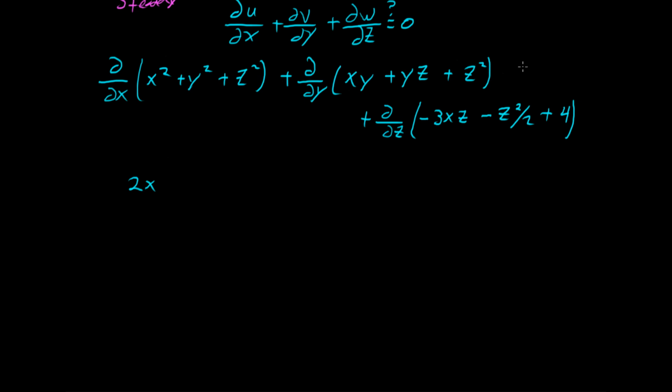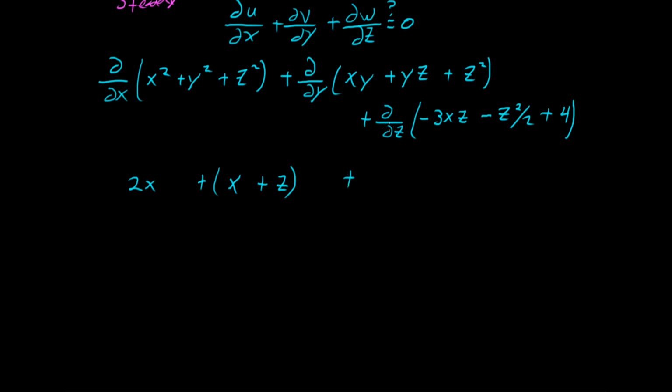Second term here, with respect to y. d/dy of xy looks like x. d/dy of this second term looks like a z. d/dy of the third term here, z squared, that's just 0.